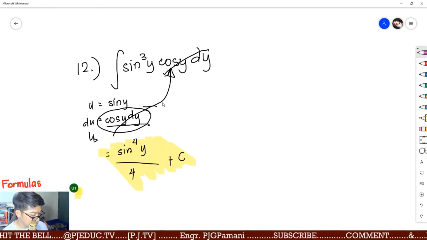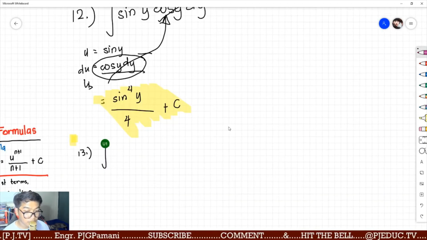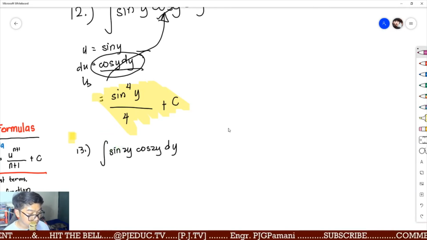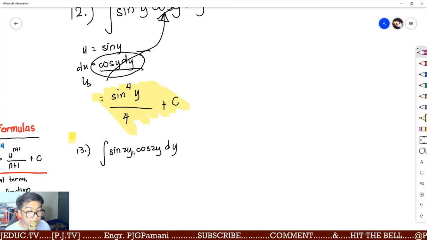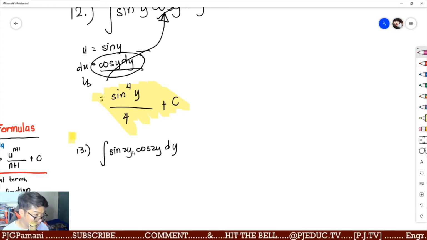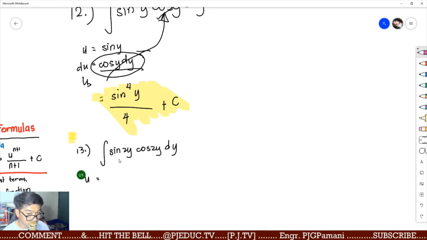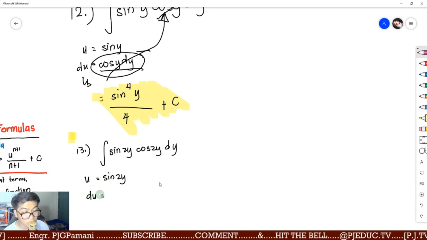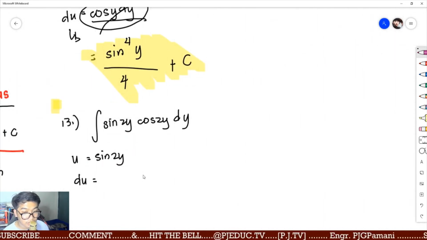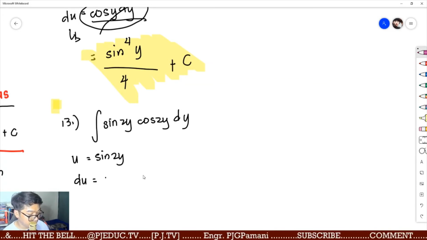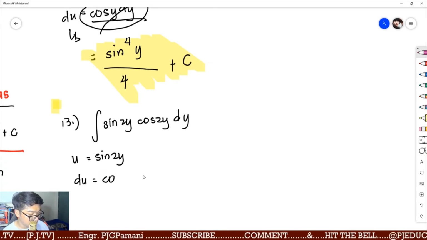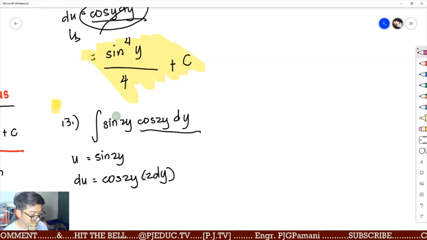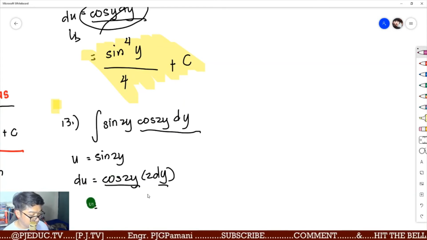Then next one, parehas lang. 13, integrate or evaluate sine 2y cosine 2y dy. Now, it's up to you kung sine 2y ang first term natin or cosine 2y. Either way, let's try to solve both of them. Let's assume that our first term is your sine 2y. Remember, sine 2y from your differential formulas has a derivative form of cosine 2y of 2 dy. But in the integrand, we already have cosine 2y dy, but we don't have this 2.